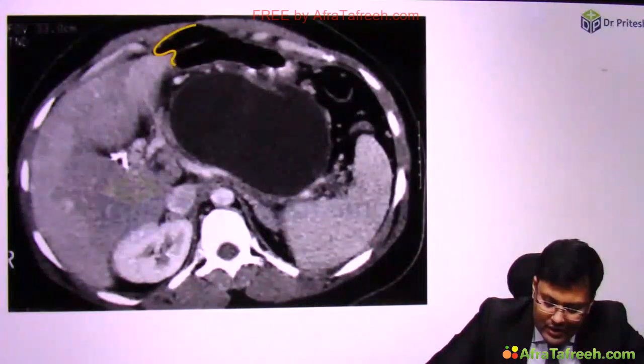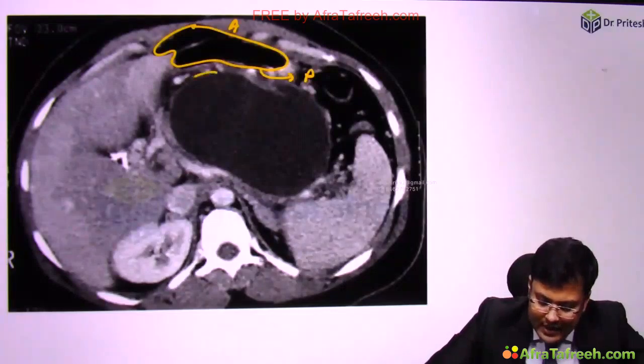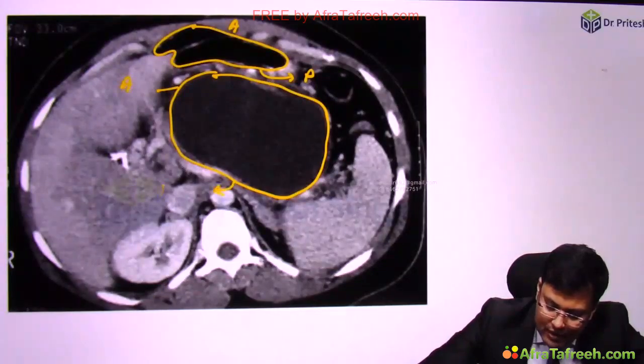You can see what? This is the stomach. This is the anterior wall of the stomach. This is the posterior wall of the stomach. And can you see, this is the cyst? In this cyst, this is the anterior wall of the cyst and this is the posterior wall of the cyst.